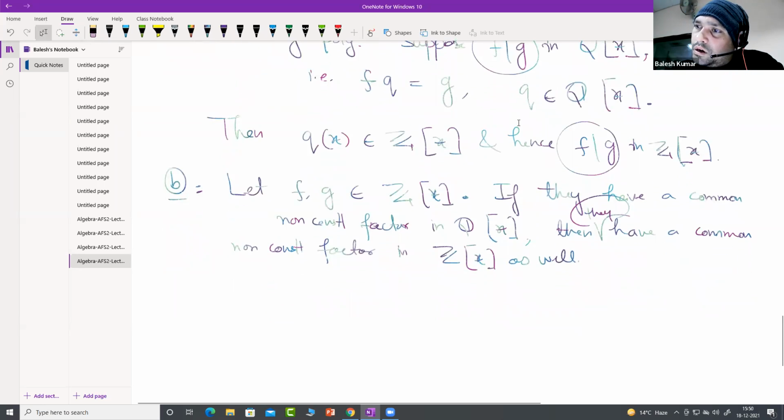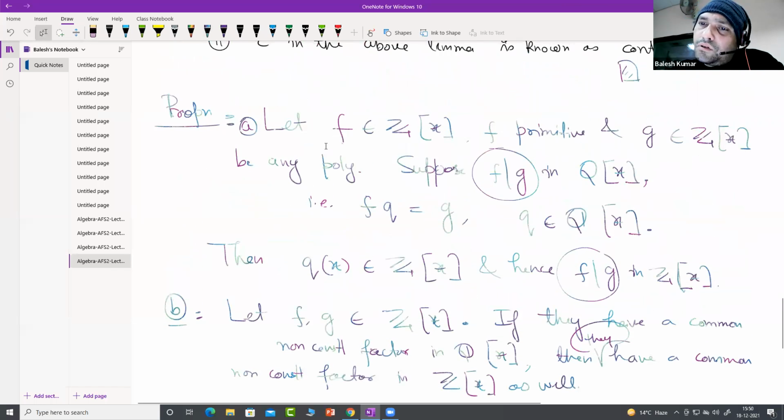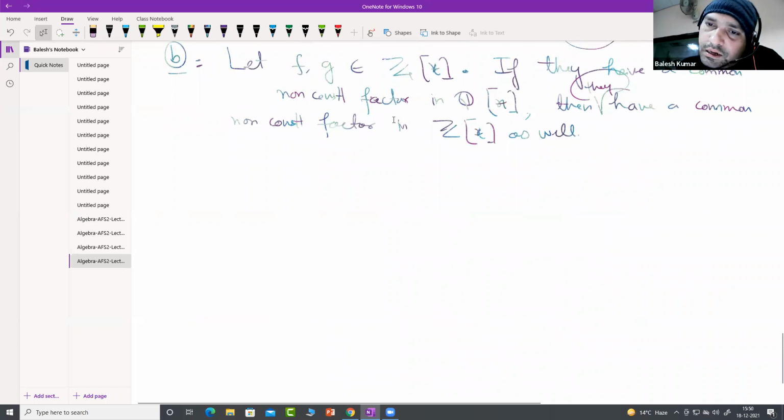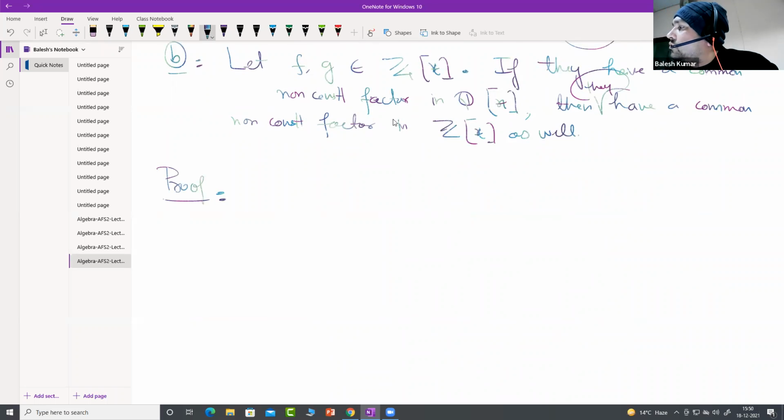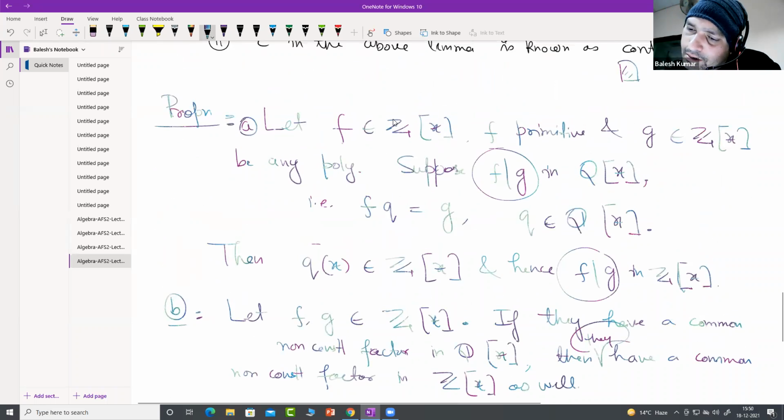The proof, can you sketch me the proof? I can give you the hint that we need to use the above lemma as well as Gauss lemma to prove A. So can you start proving or give a hint how to start? What we need to show is that this q is an integer polynomial, which we know a priori only as a rational polynomial.